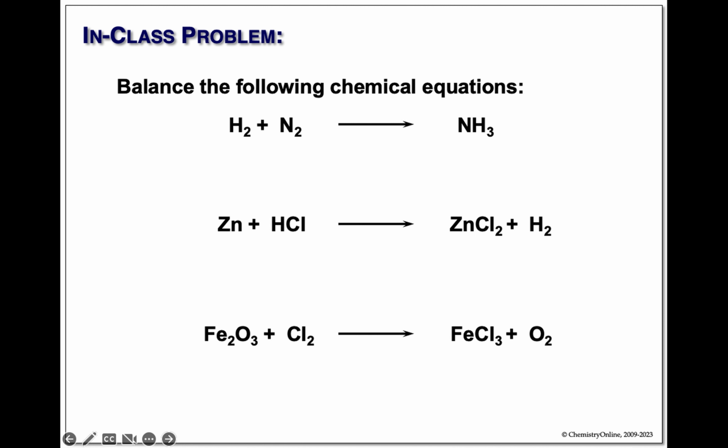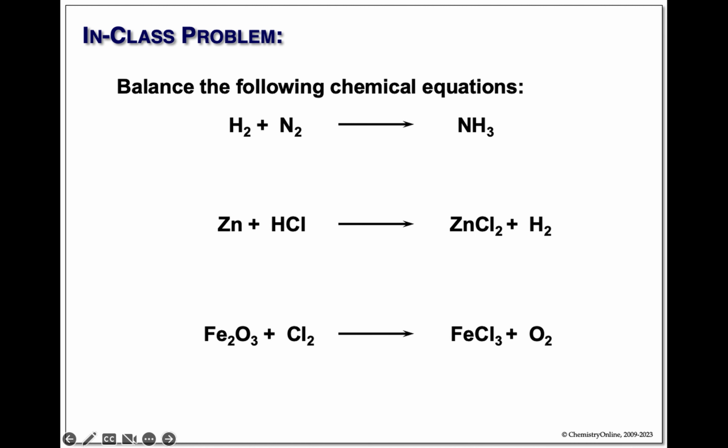All right, we look at our first one. I see we have 2 hydrogens here, 3 hydrogens here, right? Odd, even. I can make both sides even if I double the amount of ammonia that's produced. Now, this doubling gives us 2 nitrogens.